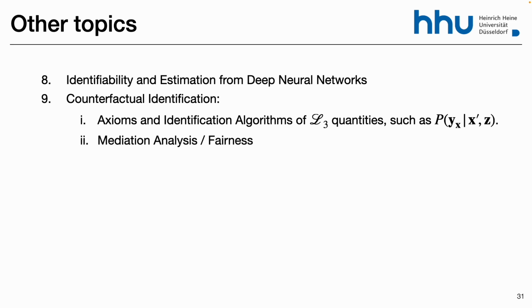So if I have several paths connecting X and Y, I can get the probability of Y given X. This is easy. You don't even need the probability given M1 and M2, but sometimes I want to know the effect just through this path here. So it's called path-specific effect, or through this other path.